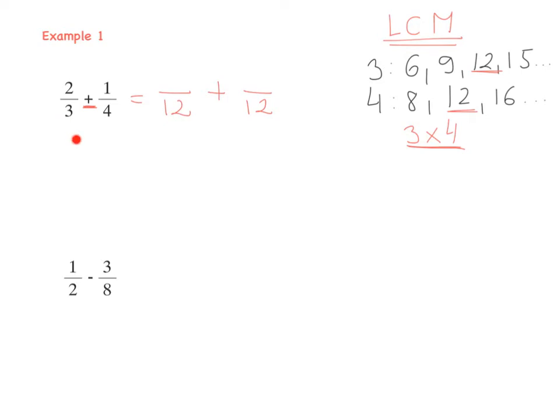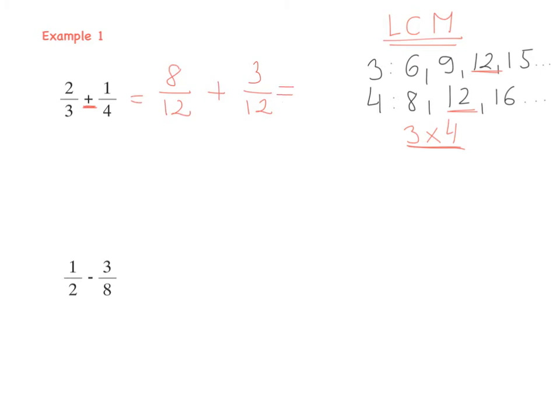So 3 multiplied by 4 is 12, and 2 multiplied by 4 is 8. Or a different way, 12 divided by 3 is 4, and 4 multiplied by 2 is 8. And the same in here, you had 4, now you have 12. So 4 multiplied by 3 is 12, and you need to do the same to the top number. So 1 multiplied by 3 is 3.